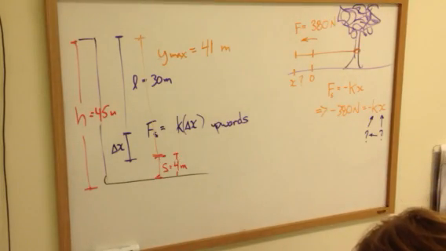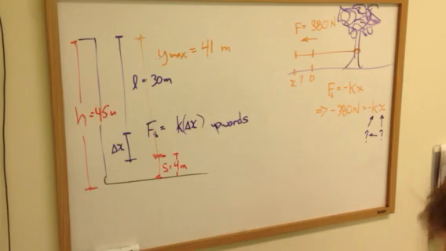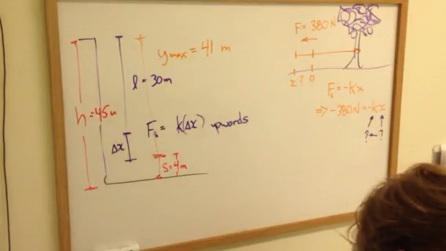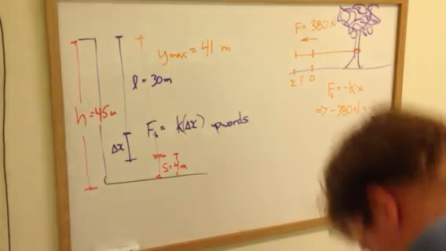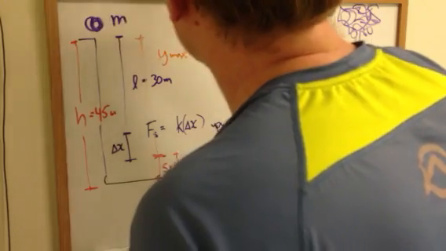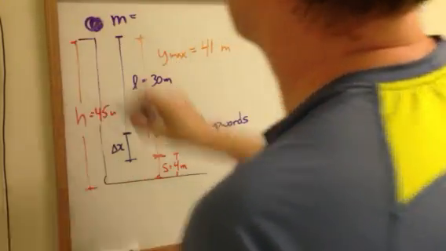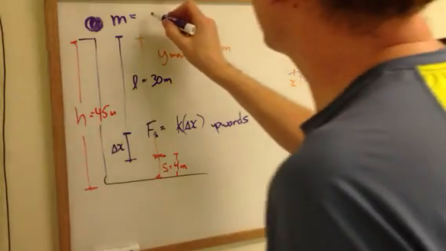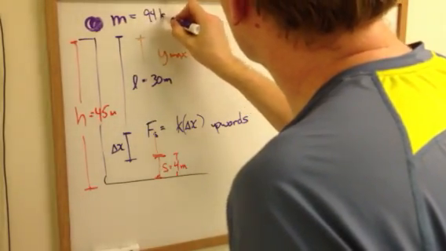Now, how can we use this? Oh yeah, the father-in-law has a mass of, in my case, actually it doesn't matter, but in my case, his mass is 94 kilograms.